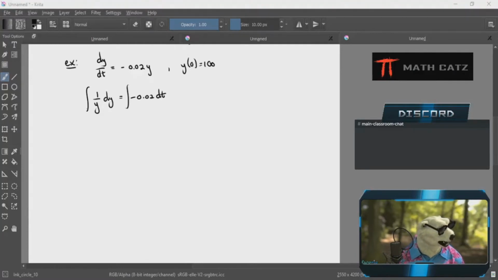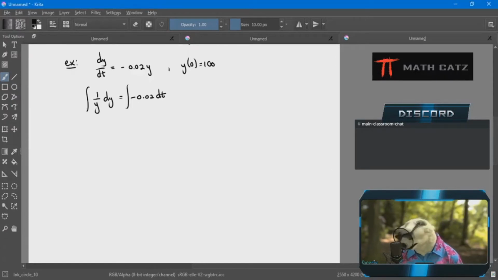It's a separable equation, so I go about my business in exactly the same way. So then I have the natural log of y on the left and the constant times t on the right, of course with an integration constant, grouping the two indefinite integrals.